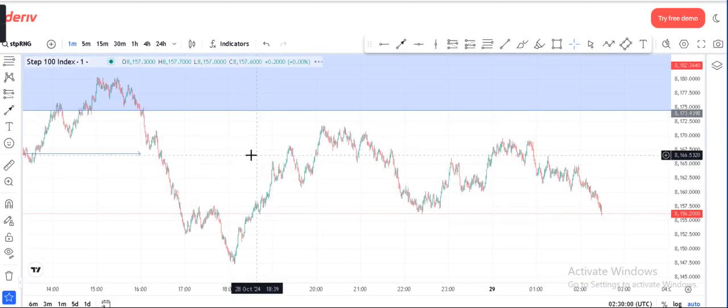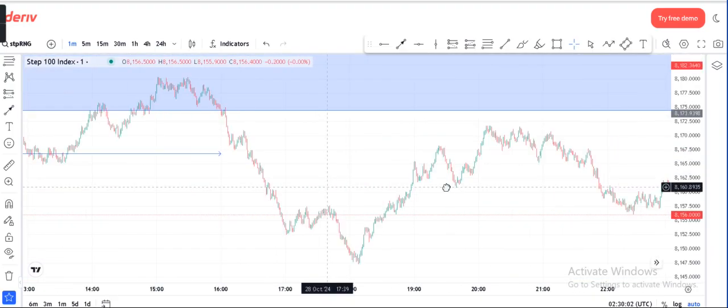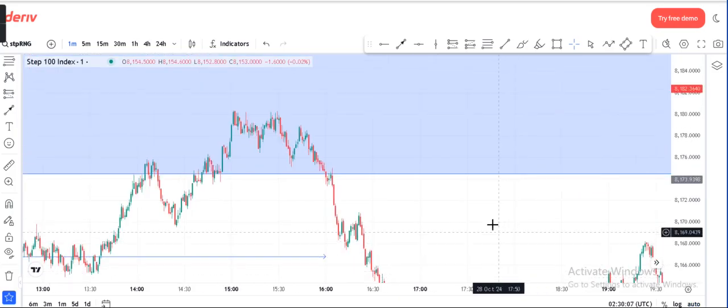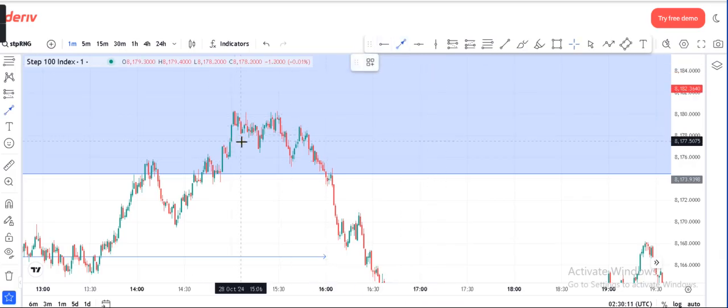Now, this is something you are able to do only from a lot of knowledge getting basically. So at this point, I got a break of structure, which was this. So what I simply did, I just dragged my line across. So I understood this is a level of interest.